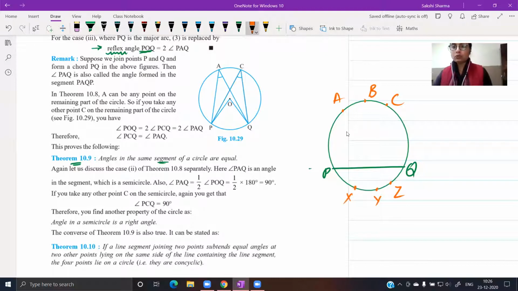So I'm just trying to find out the angles subtended by PQ on the major arc. Those will be in the major segment. And the angles subtended by arc PQ in the minor segment or on the minor arc.